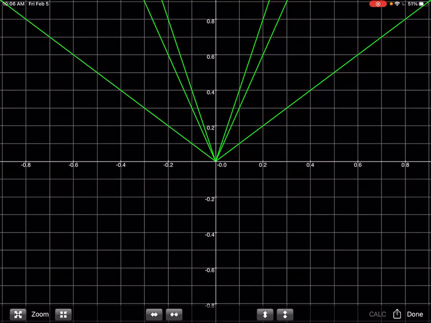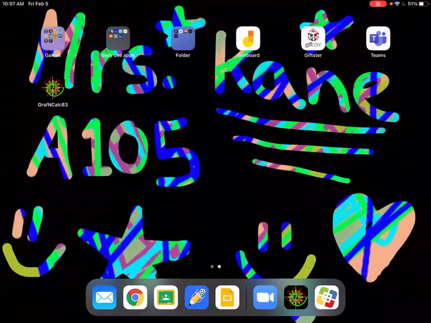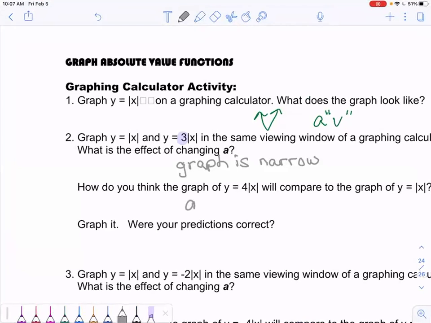So the bigger the number, the more narrow the graph. So if I had a 5 in front, or 6 in front, or 7 in front, the bigger the number in front, the more narrow the graph.